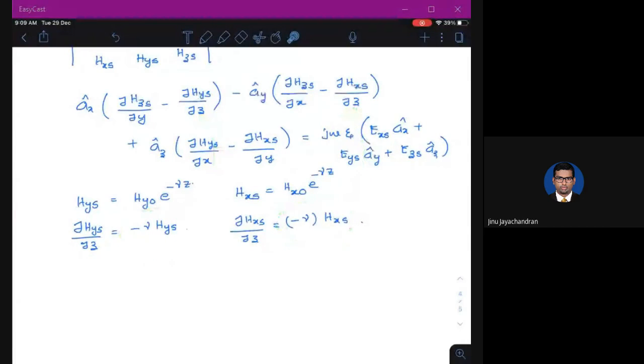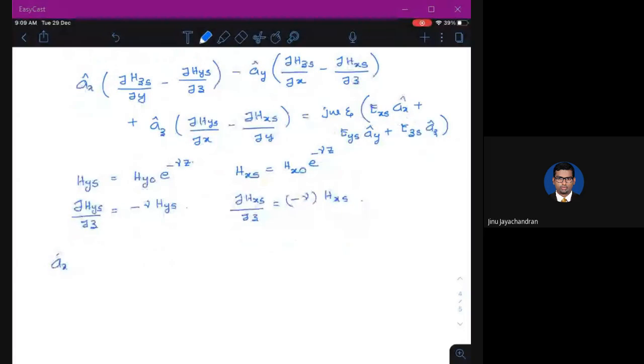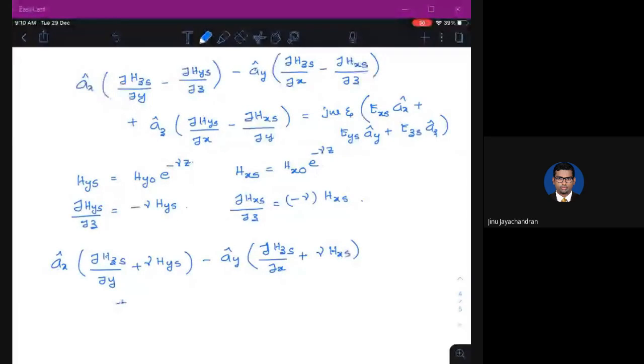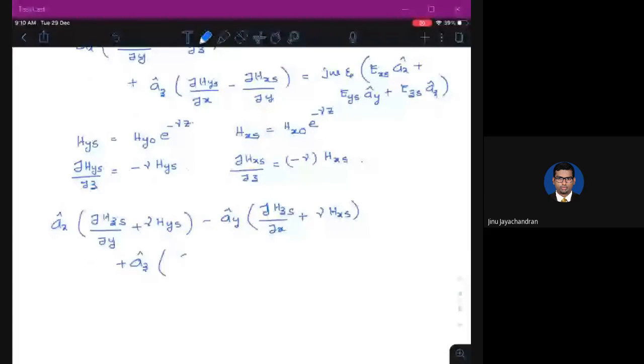When you substitute it, you will get AX cap into dou HZS by dou y plus gamma HYS, minus AY cap into dou HZS by dou x plus gamma HXS, plus AZ cap into dou HYS by dou x minus dou HXS by dou y is equal to j omega epsilon into EXS AX cap plus EYS AY cap plus EZS AZ cap.